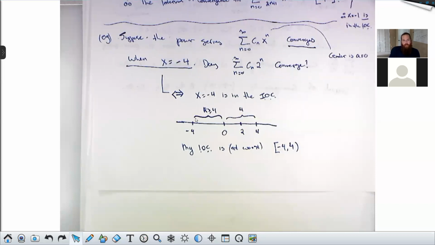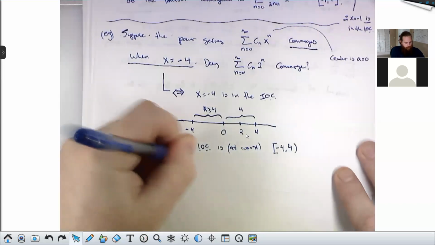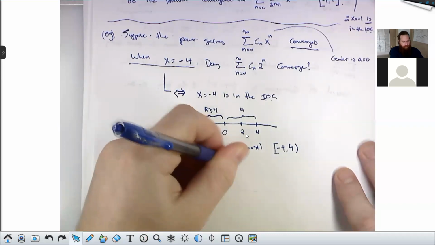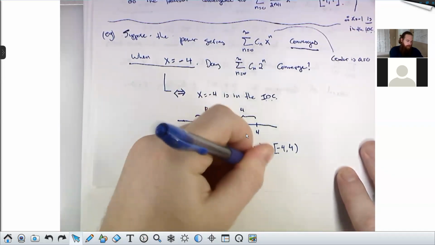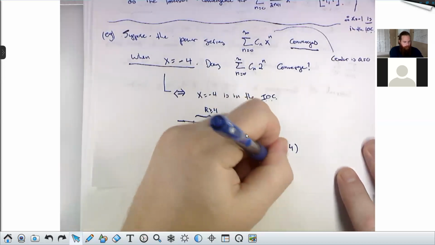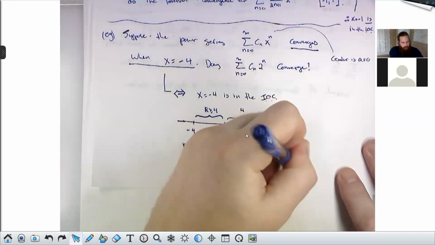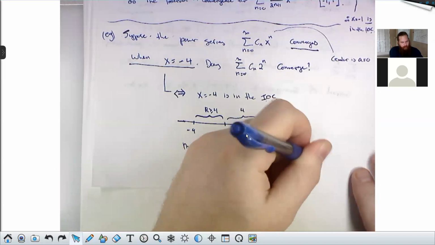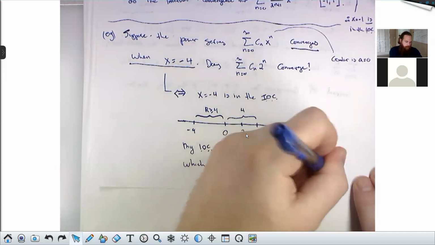So my worst case IOC doesn't extend beyond this, but it includes this, which means it has to include everything up to here. In particular, it has to include 2. Therefore, sigma Cn 2 to the n must converge.